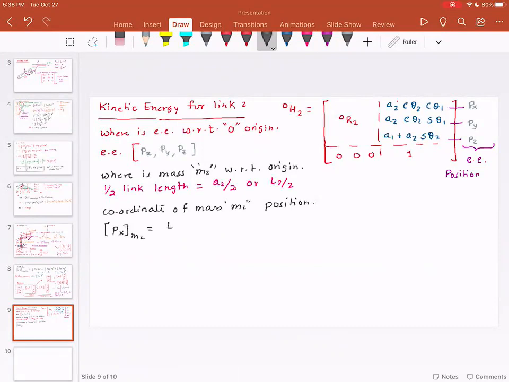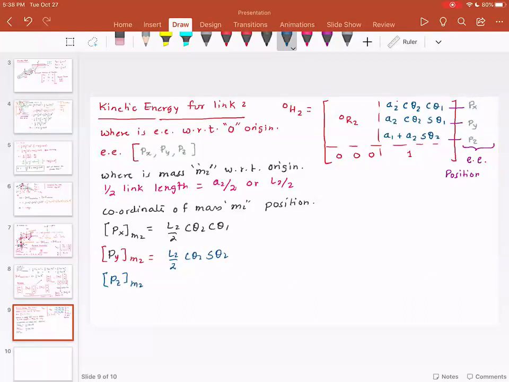It is at a distance L2 by 2 cosine theta 2 cosine theta 1. py for m2 is at distance L2 by 2 cosine theta 2 sine theta 1. And pz for m2. Now this is where the tricky part is.